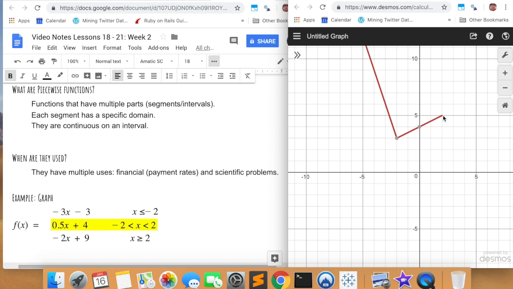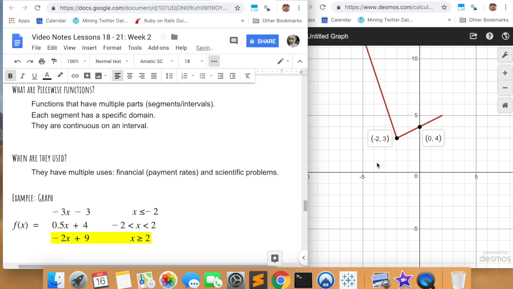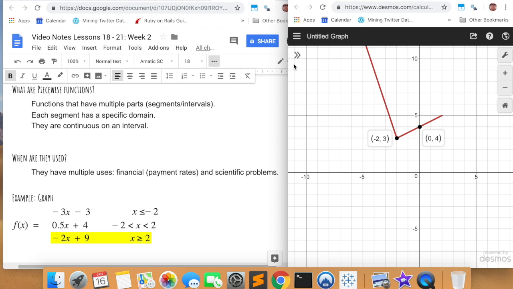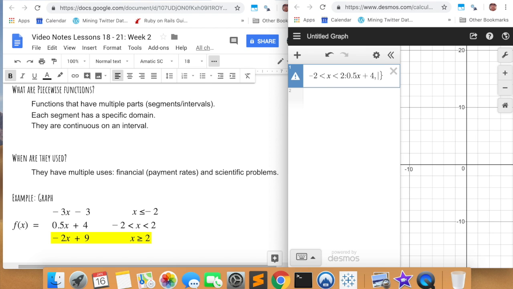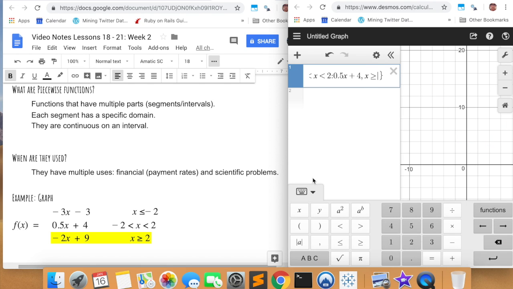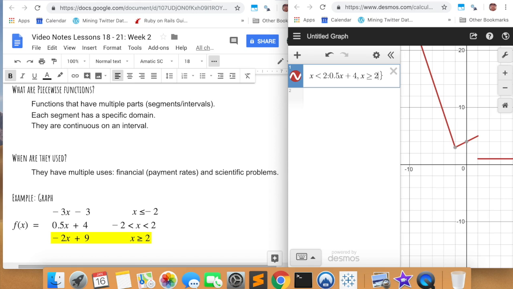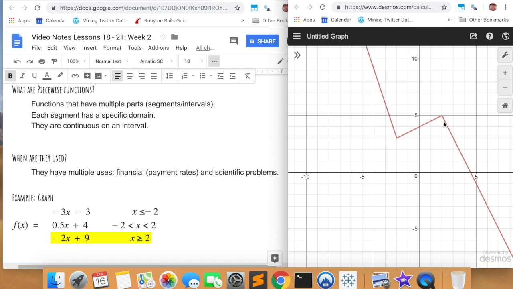And that's how we start putting together the graph of this piecewise function. The next interval is for all those x's that are greater than or equal to 2. So the domain for that is 2 to infinity. And that has the equation of -2x plus 9. As you can see, the graph is put together, and that's what the graph would look like.